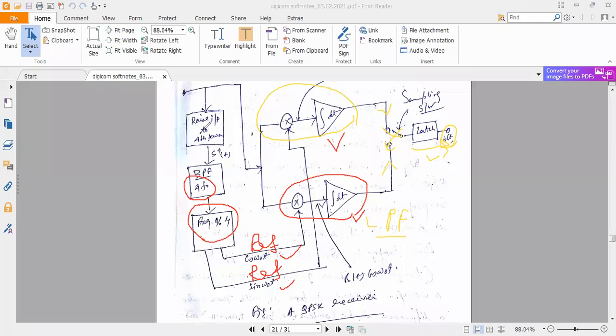In the case of BPSK, we raised the input signal to the square. But here we have four possible signals, so we raise the incoming signal to the fourth power, and we use a band pass filter of center frequency 4 f0 because the frequency is multiplied by a factor of 4. To get back f0, that 4 f0 must be divided by 4, so a frequency divided by 4 circuit is required here. In BPSK, a frequency divided by 2 circuit was required. Correct.